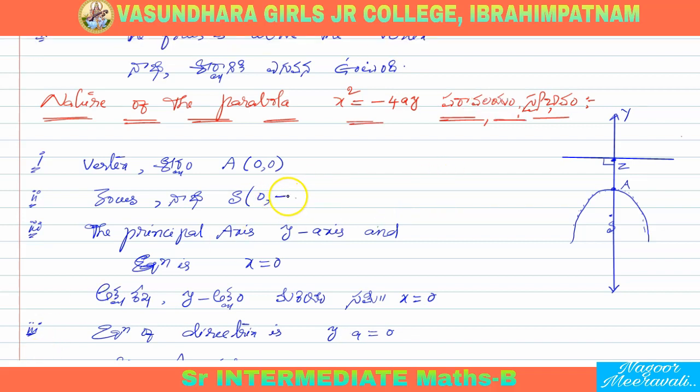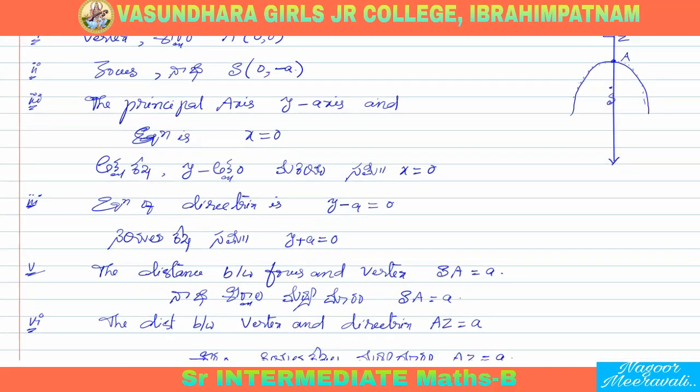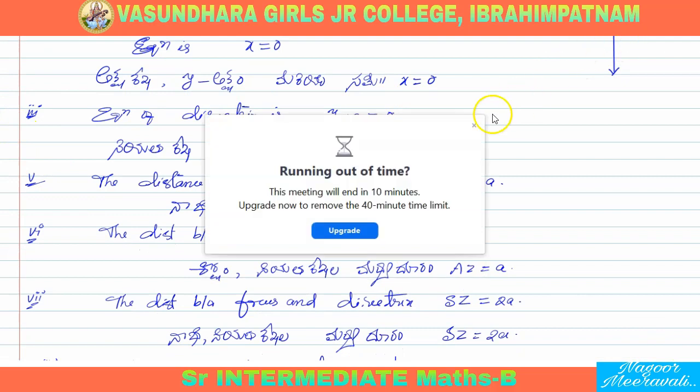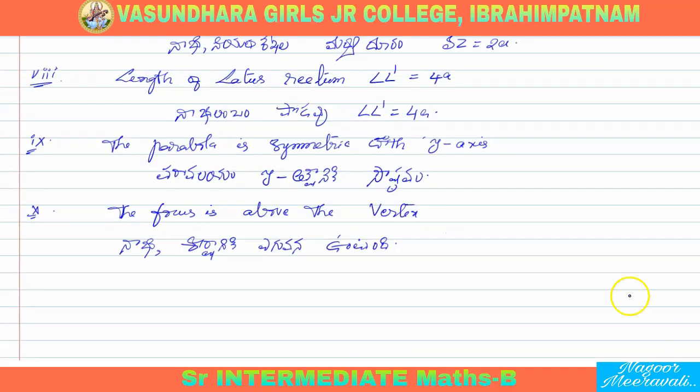You can write a as minus a, and you will get these answers. Next, y minus a is equal to 0. Right here also minus a. Now distances never change, so they are the properties.